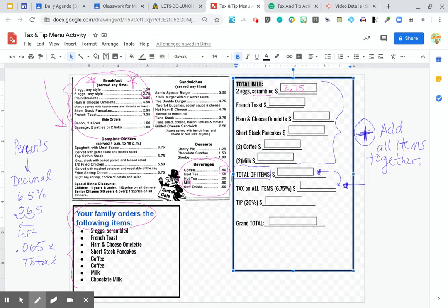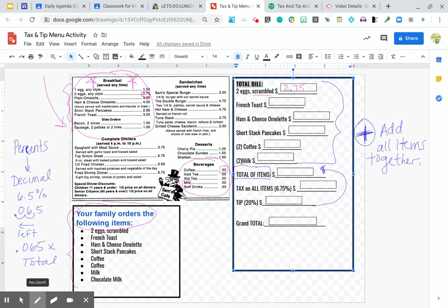So the next thing that you're going to do, this is where it gets a little confusing. So I'm going to erase these arrows. I'm going to take my 20% tip, and I'm taking the tip of 20% off of the total, okay?